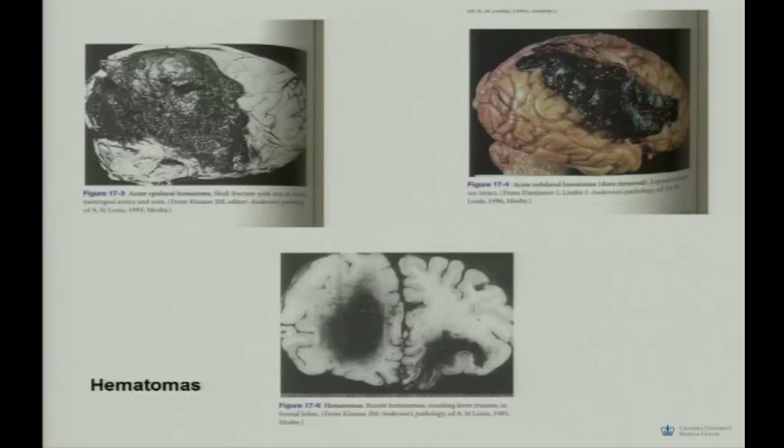So an epidural hematoma happens between the skull bone itself and the dura mater. So it's between the dura and the skull. A subdural hematoma is happening beneath the dura mater, between the dura mater and the arachnoid mater or the pia mater. And then we can have intracranial hemorrhages where bleeding is within intracerebral blood vessels. Okay.